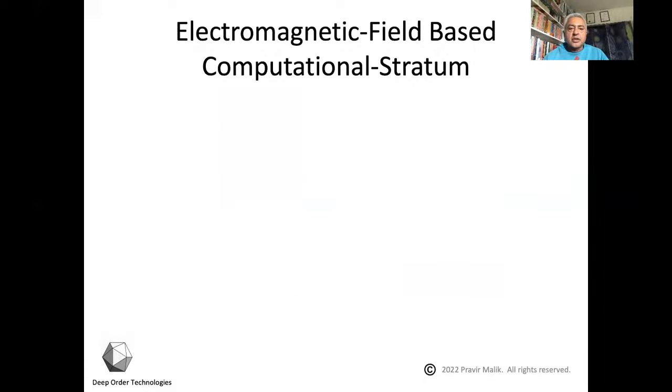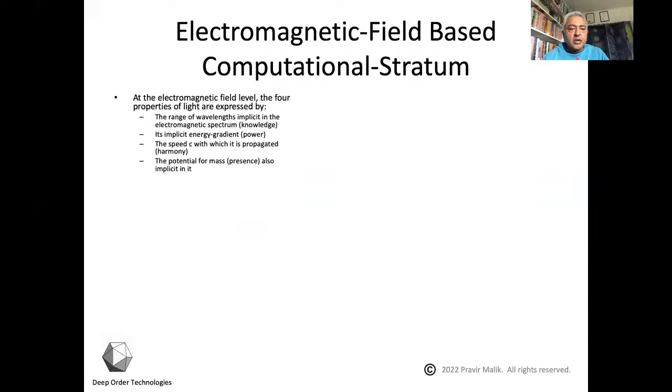So coming right into the electromagnetic field-based computational stratum, when we think of the electromagnetic field, the essential correlation that we must draw out is how the electromagnetic field would express the four properties in this quantum computational model of light that we called knowledge, power, harmony, and presence.